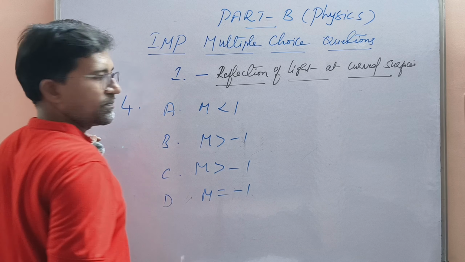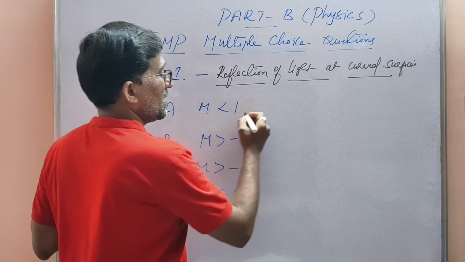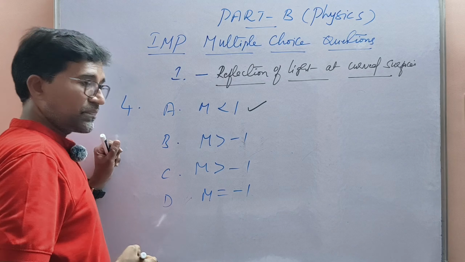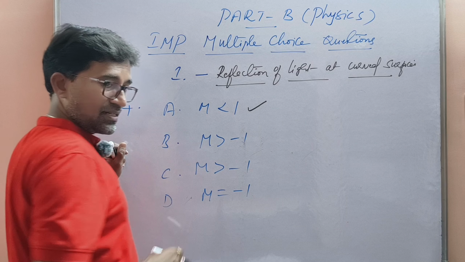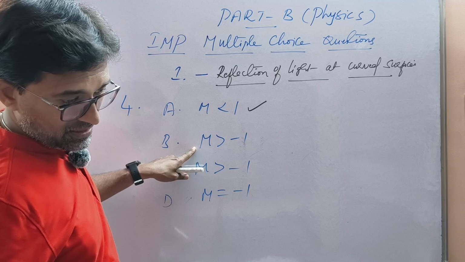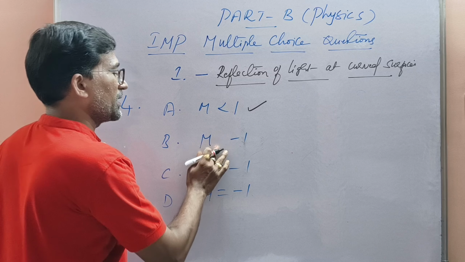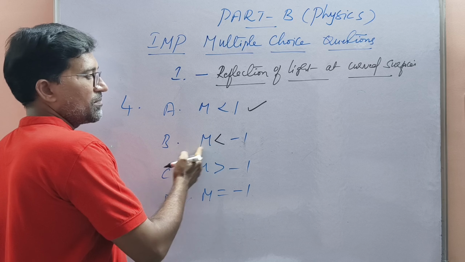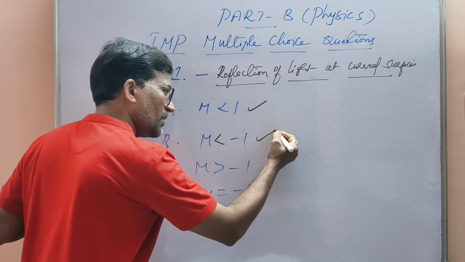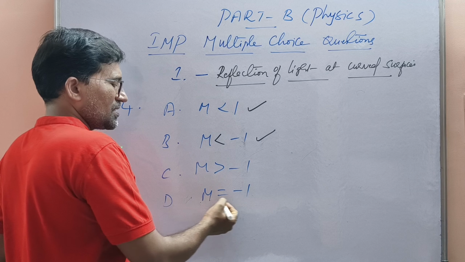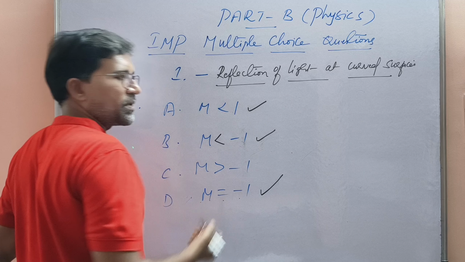Okay, for the magnification produced by a concave mirror, M is less than 1 is 100% possible. Second option, M is less than minus 1, sorry, is also possible. M is equal to minus 1 is also possible.